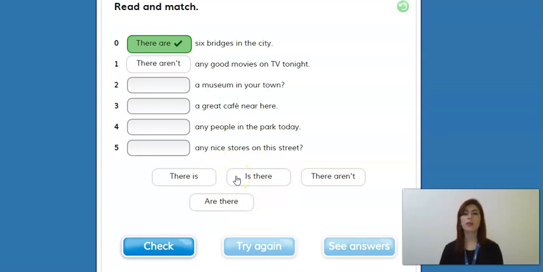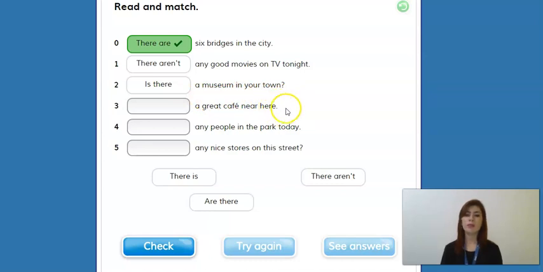All right? Number 2, a museum in your town. Here we have a question mark, right? And then we have museum as a singular noun. So in this case, is there. Okay? Number 3, a great cafe near here.